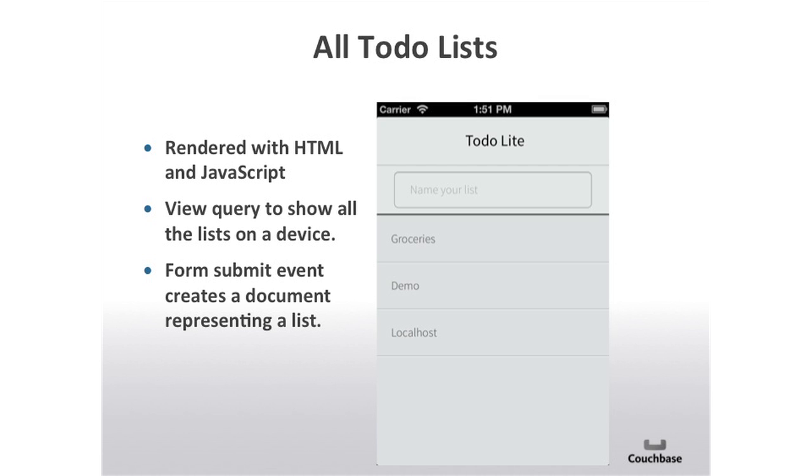We also have a native Objective-C version of this same application, so you can put the code up side by side and get a sense of what the differences would be there. And then it's using a view query from the embedded database right there on the device to populate this list and put the most recently created to-do list at the top. And when you type something in here and hit go, you have a new list.